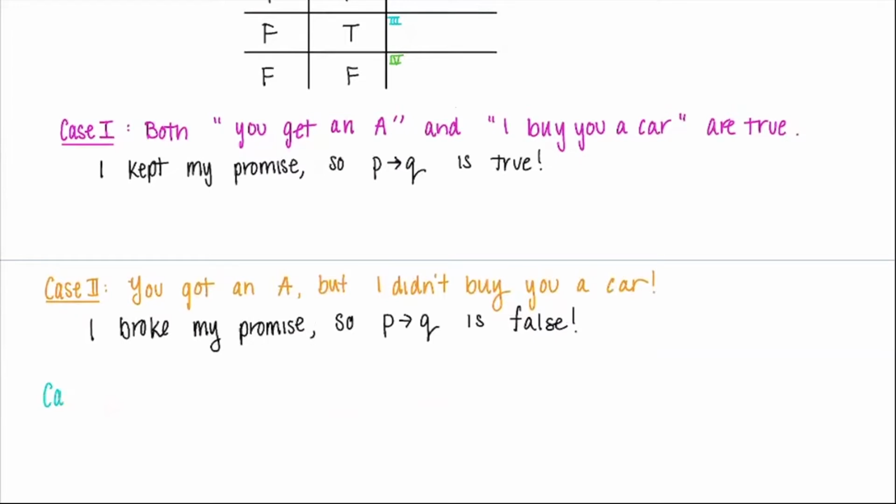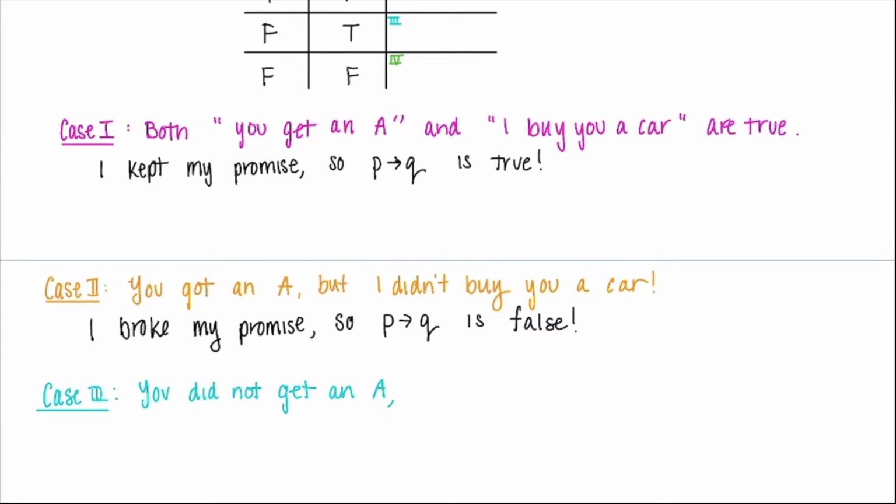For case 3, this is where it gets a little funky. Case 3, you did not get an A. So you did not uphold what you needed to. But the end statement is true.